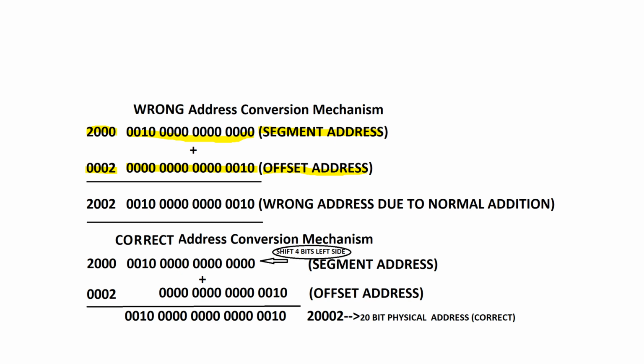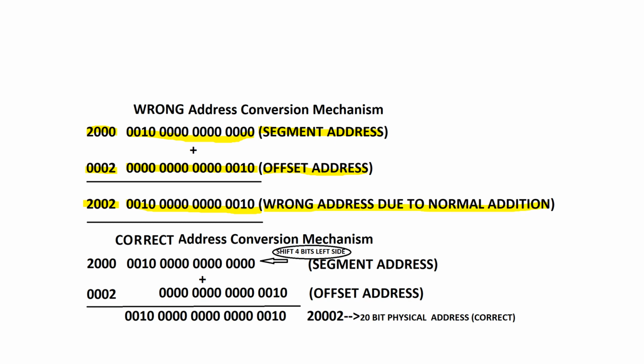So here is how the 20-bit address is framed. If you do direct addition of the segment address and offset address, we will be getting again a 16-bit address, 2002. So it is completely a wrong address due to normal addition.